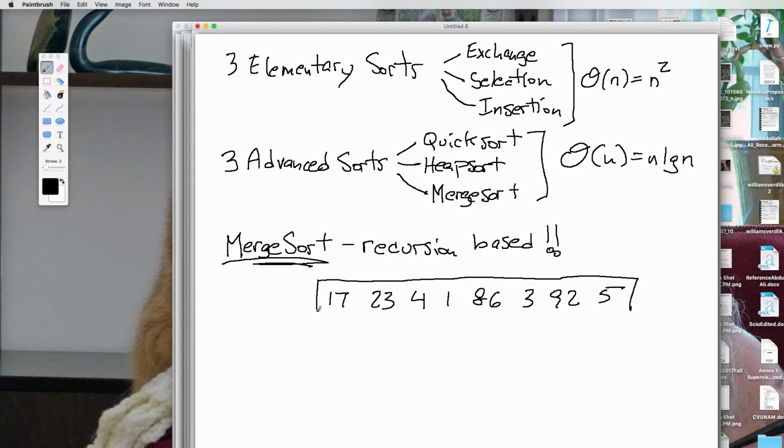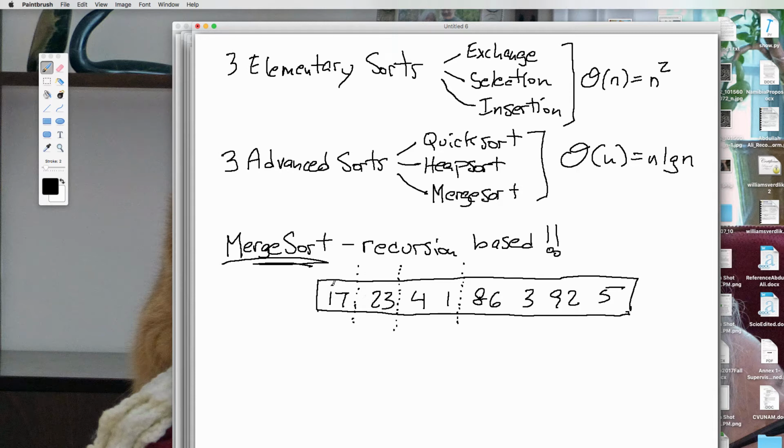And I'm writing it this way. The very first thing I'm going to do is split it in half. Then I'm going to split it in half again, and again.